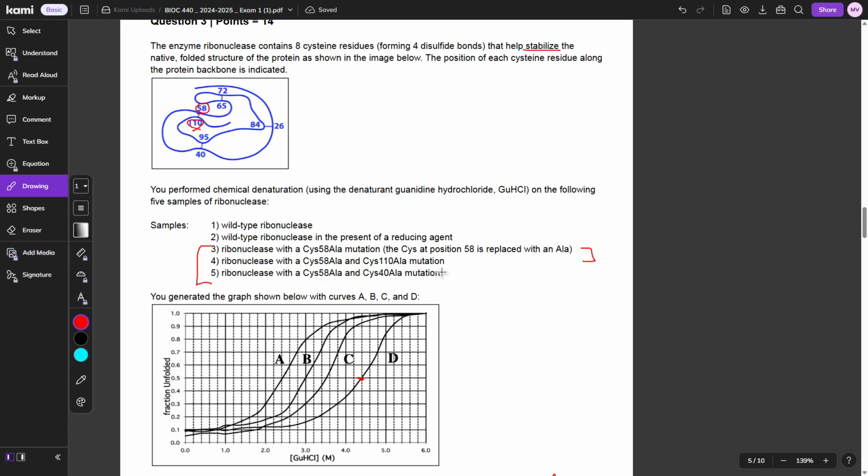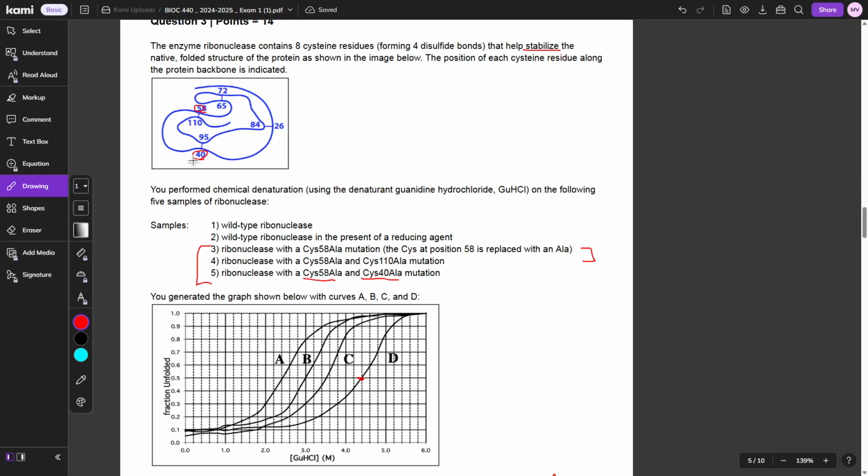So if we look at 5, it's saying that you mutate cysteine 58 and cysteine 40. Cysteine 58 is here again, and cysteine 40 is here. So now we're messing with two disulfide bonds instead of just one. That's unstable, though not as unstable as if you dump it into a bunch of reducing agent.